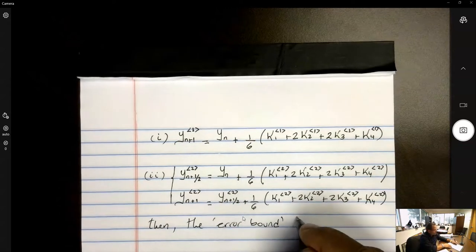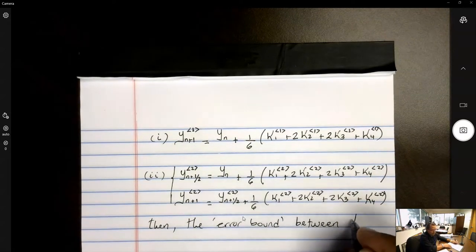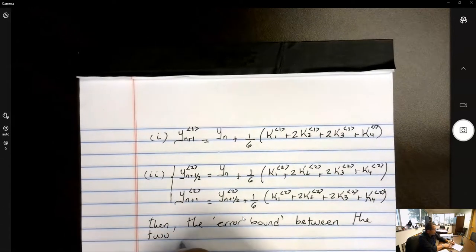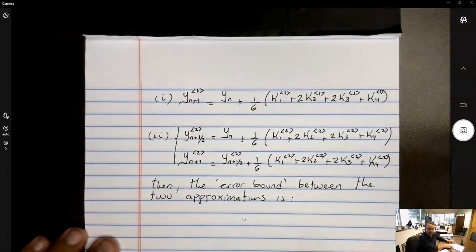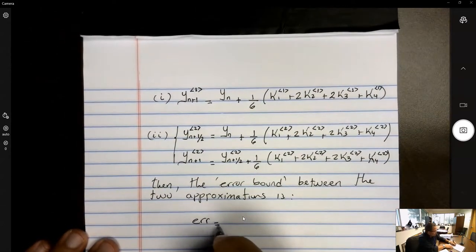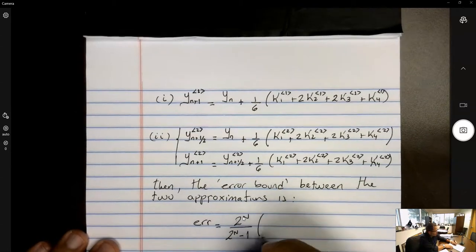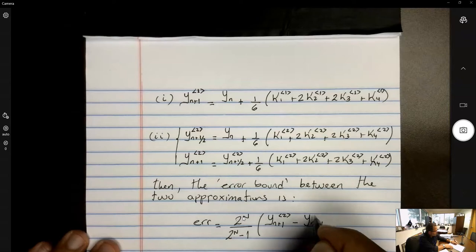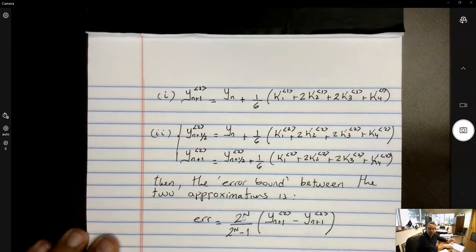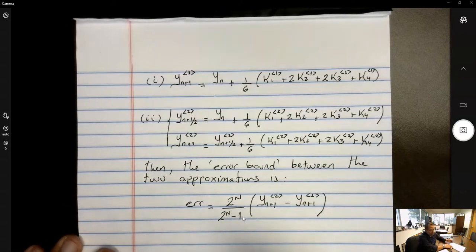However, there's an error between the two approximations. The error is equal to 2 to the power of n divided by 2 to the n minus 1, times y n plus 1, estimate 2, minus y n plus 1, estimate 1, times that factor, where n is the order of the approximation.